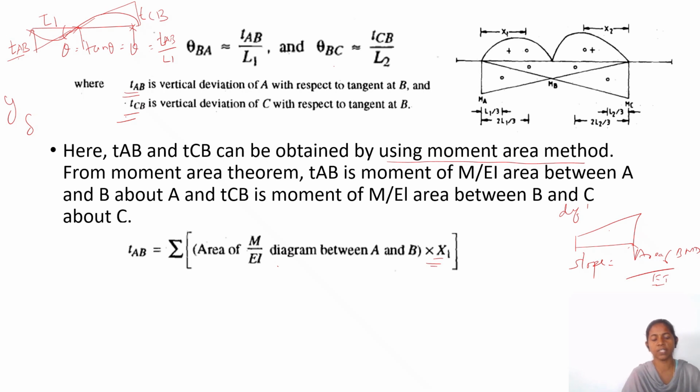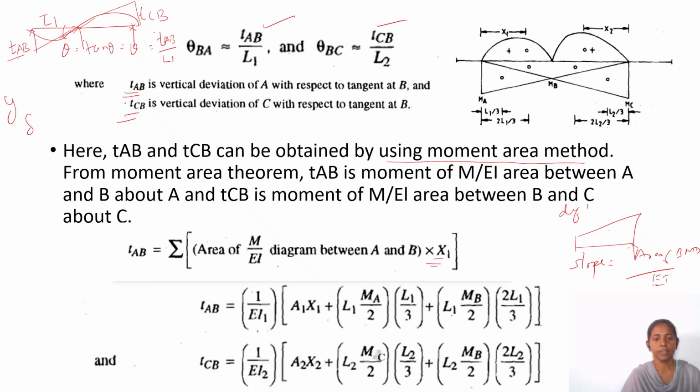So the deflection is equal to the summation of the area of the M by EI diagram between the points into the centroid. We are going to use the moment area method to determine our deflection. Kindly note it down: the deflection is equal to the area of the bending moment diagram into the centroid divided by EI.